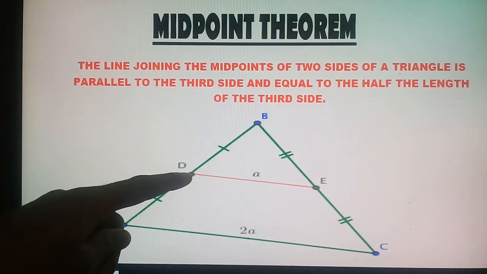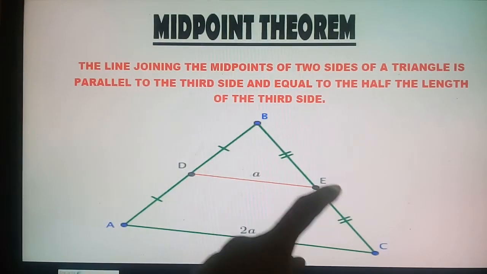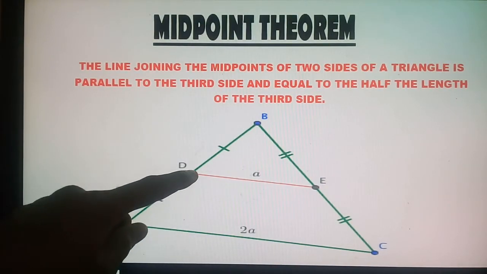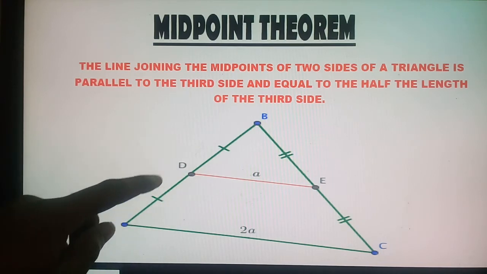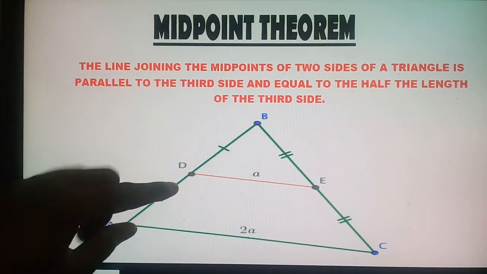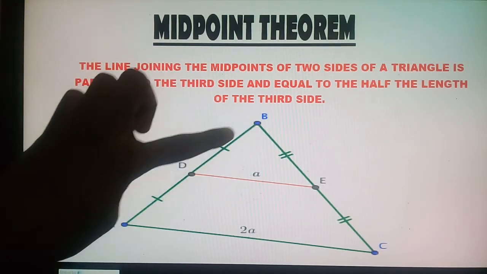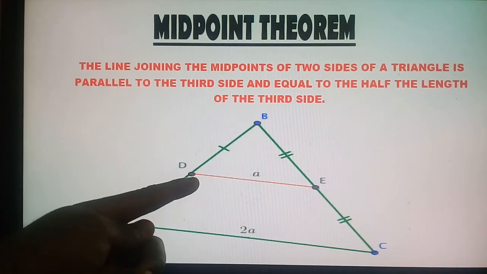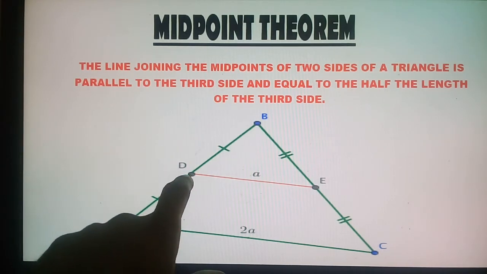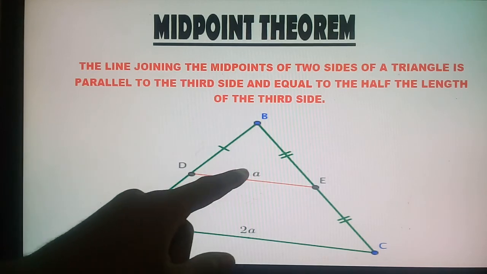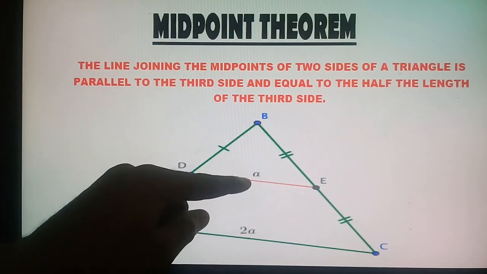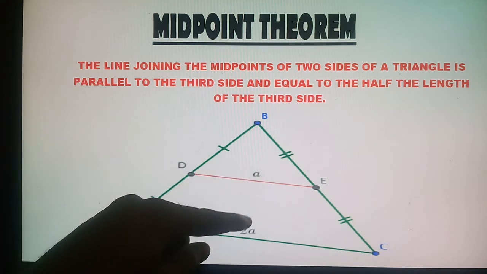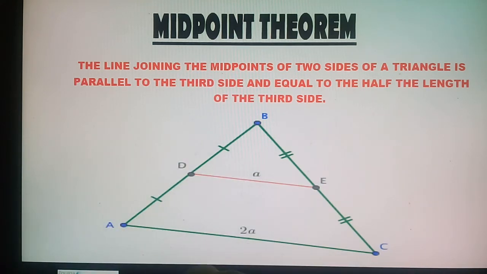If I have this line joining the midpoint of AB and the midpoint of BC, where the distance from here to here equals the distance from here to here, then this line is parallel to the third side, and if I want to find AC, it is 2 times that one. That is the midpoint theorem. Wow, how nice.